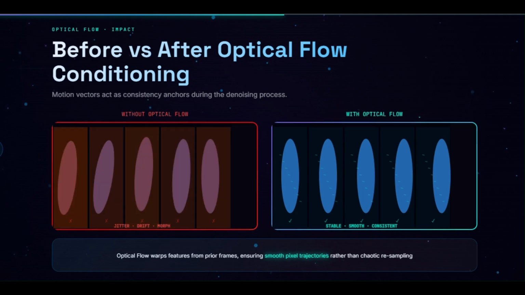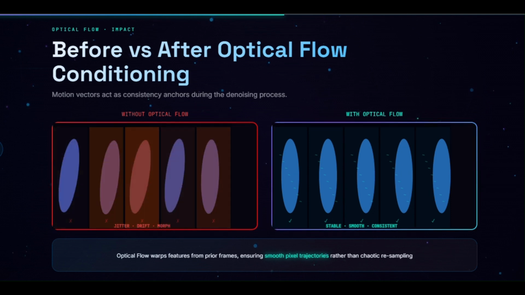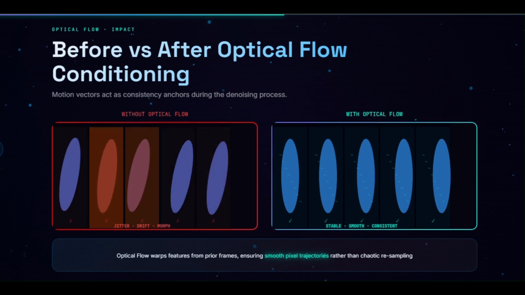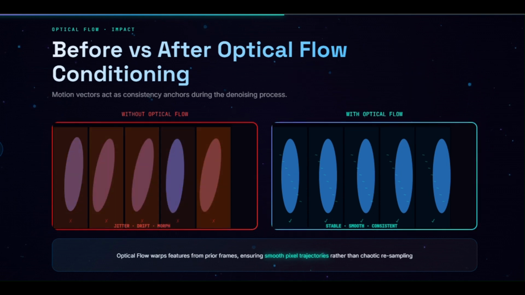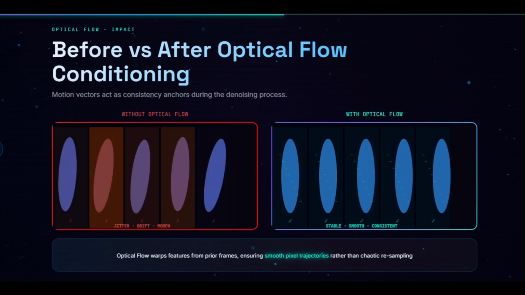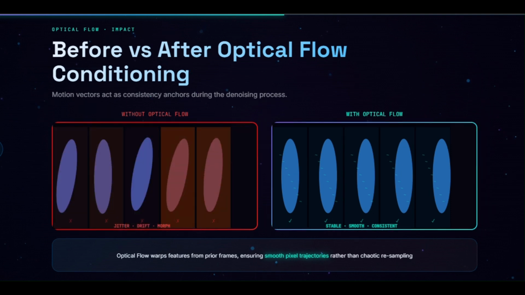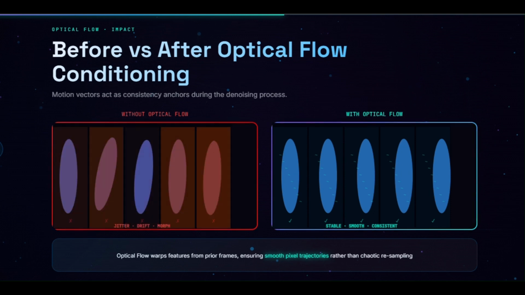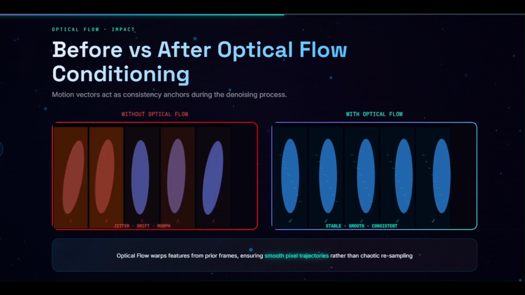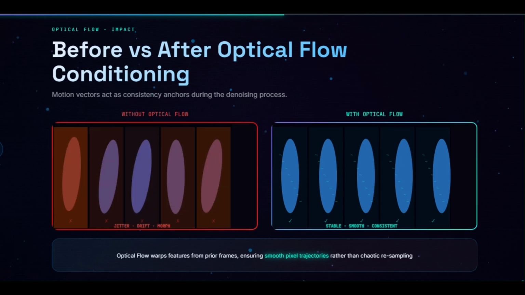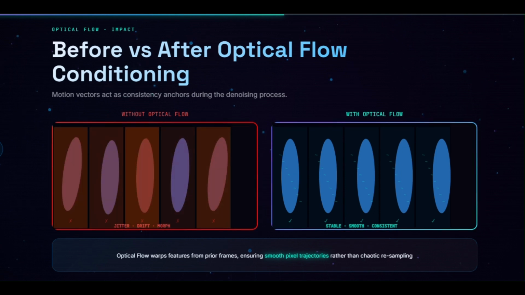With optical flow, features from previous frames are projected forward using motion vectors. The model receives guidance about where pixels are expected to move. Think of it like giving the AI a roadmap. Instead of inventing motion from scratch, it follows trajectories already established in previous frames. That's why the motion appears much smoother and more natural.